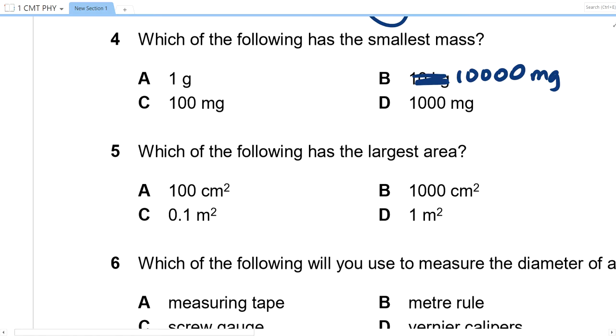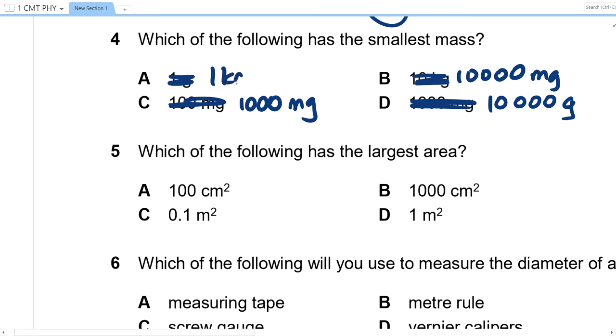No. C is 1,000 milligrams. D is 10,000 grams. Then this is 1 kg. So sure now? Is it correct already? Same as yours? Okay, now we are ready to work.